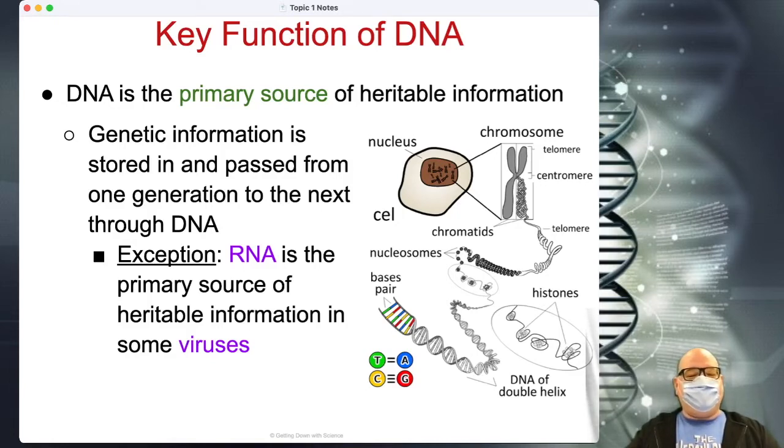Some viruses only have RNA, okay? The vaccine is using mRNA, all right? We're going to get into how that works. It's kind of a good time to be a biologist.